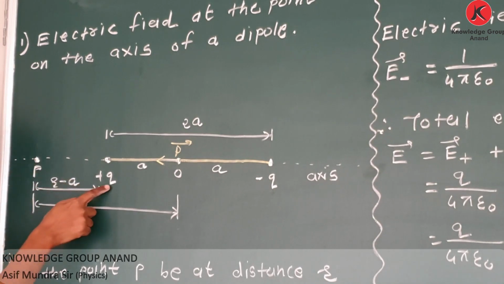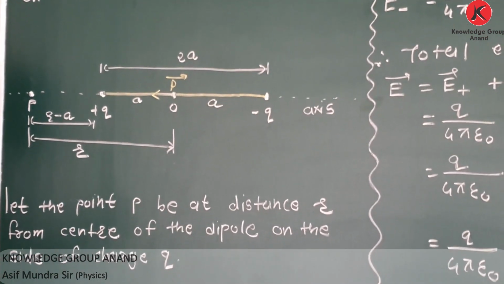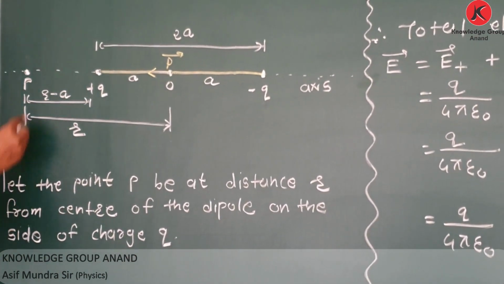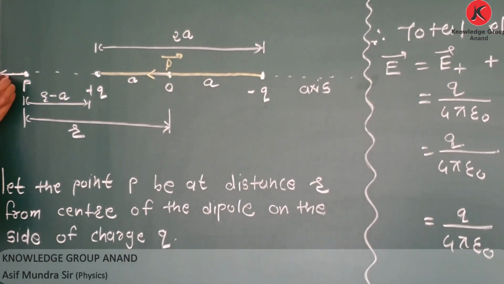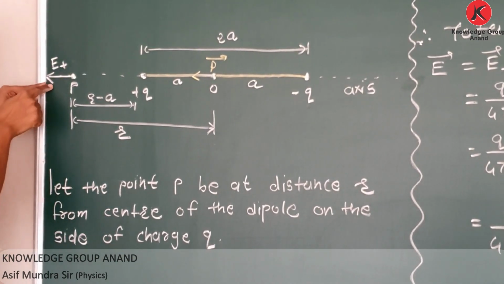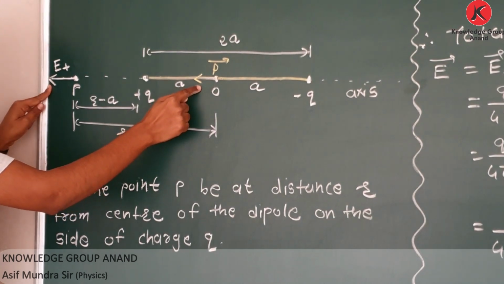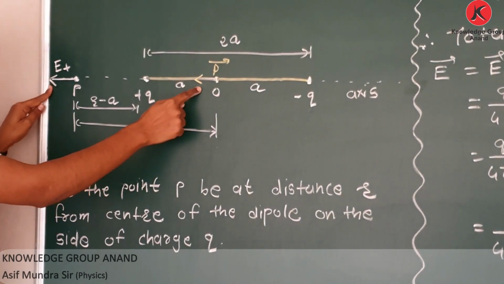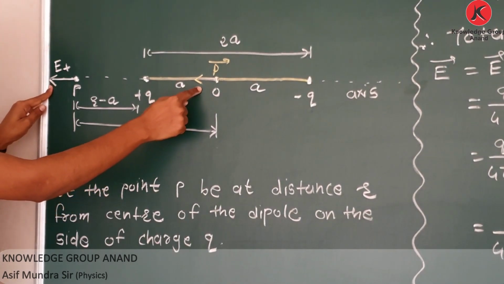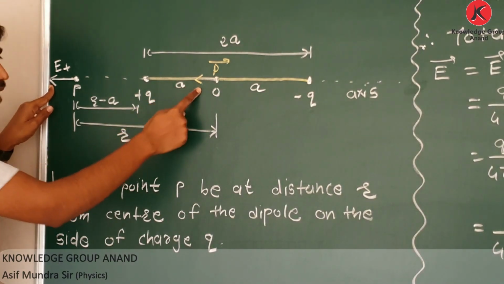At point P, due to this plus q charge, is the electric field towards or away? Yes, it is away, meaning in this direction. It is the direction of E plus. The direction of E plus is in the direction of electric dipole moment, meaning the electric field due to the positive charge is in the direction of electric dipole moment.